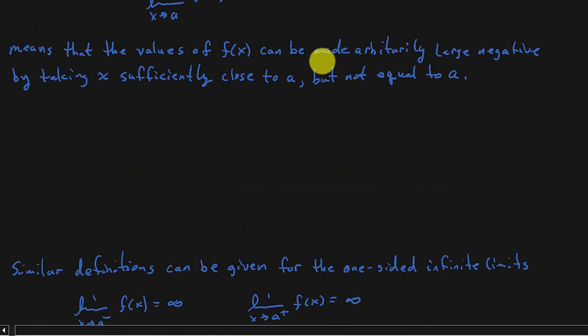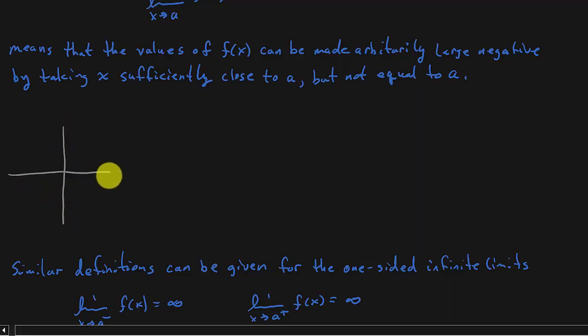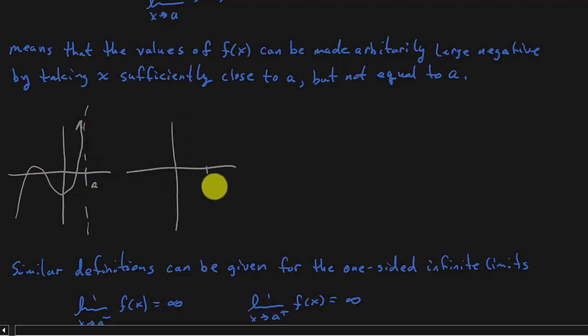And if you looked at this, we could come in here and draw all these things. So if I'm right here at a, and let's say I've got an asymptote there, I could look like that. So if I'm coming in from the left, it's going to infinity. Or I could come in from the right-hand side, and it's going to infinity.